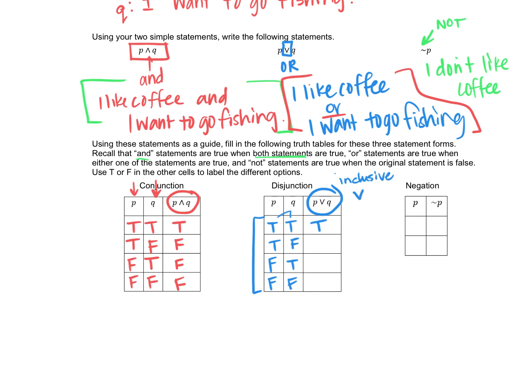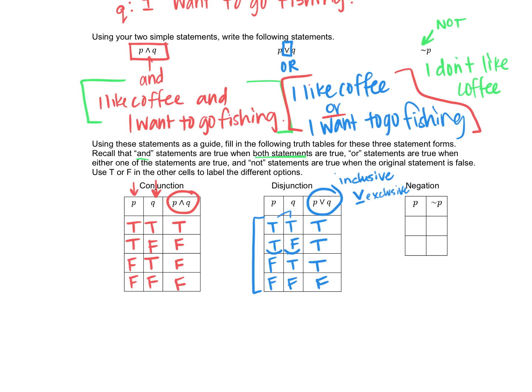Sometimes you might see a symbol like this, which would be exclusive, but it's not as common. Okay, so now for our second row, true and false here. As long as we have one true, we're going to be true. And so that follows for the next one. And then the last one, they're both false, so there's no way the or could be true. So that will be for sure false.